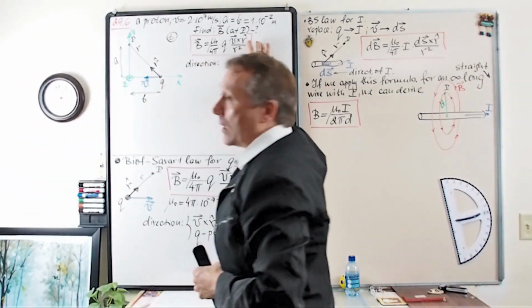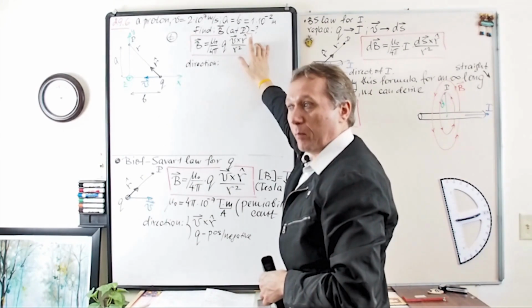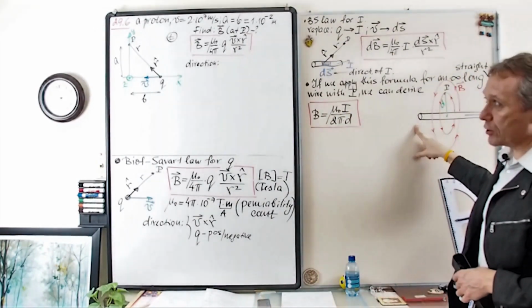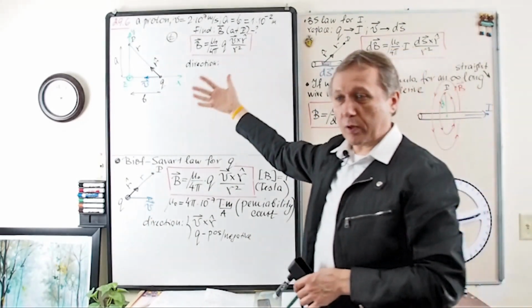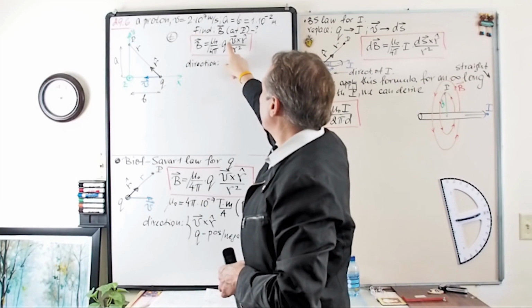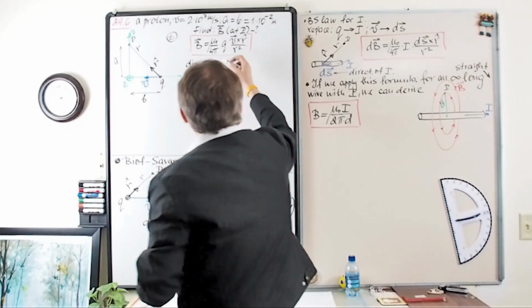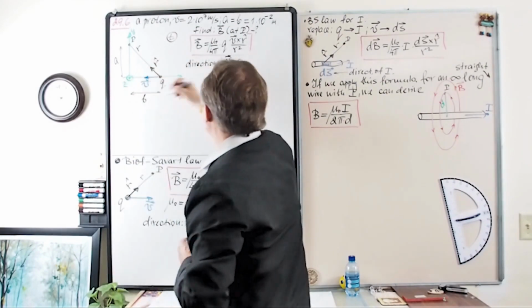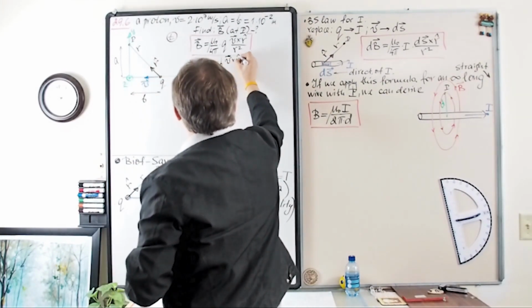So now we have to apply right-hand rule number 1, right? Over here we had right-hand rule number 2. Now it's right-hand rule number 1, which we use to find the direction of the cross product. So V that way, then cross it with R hat.